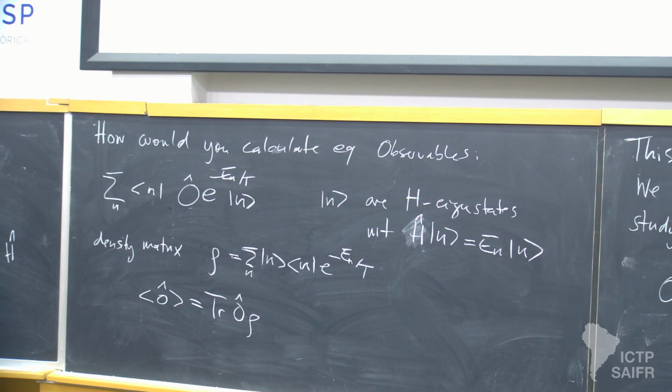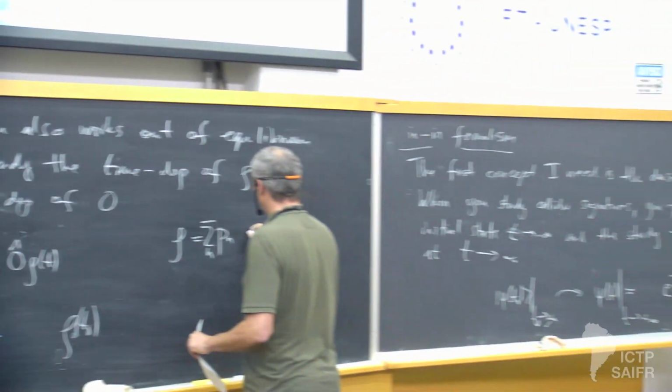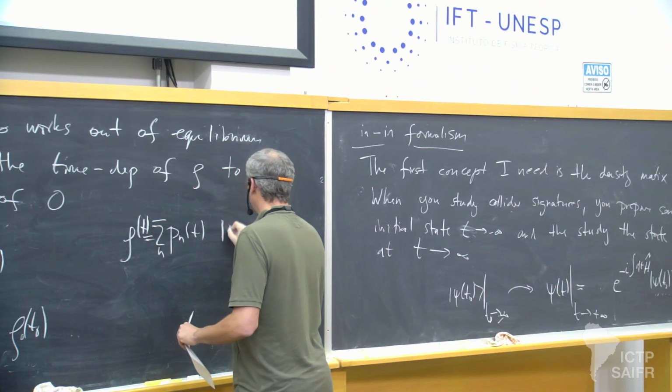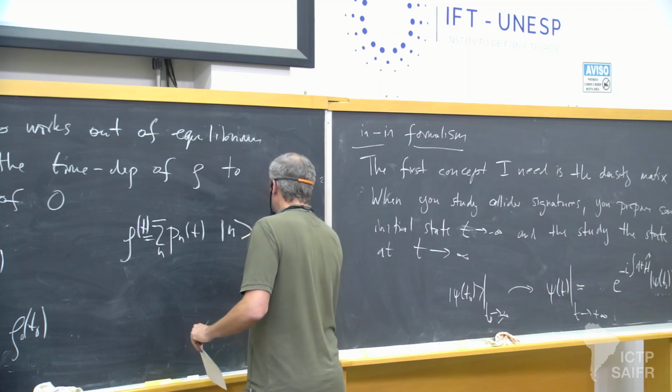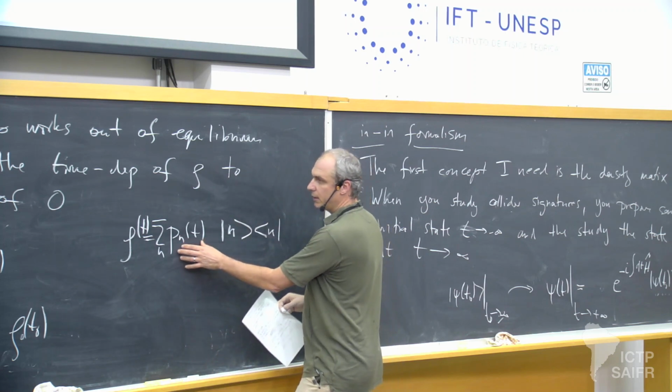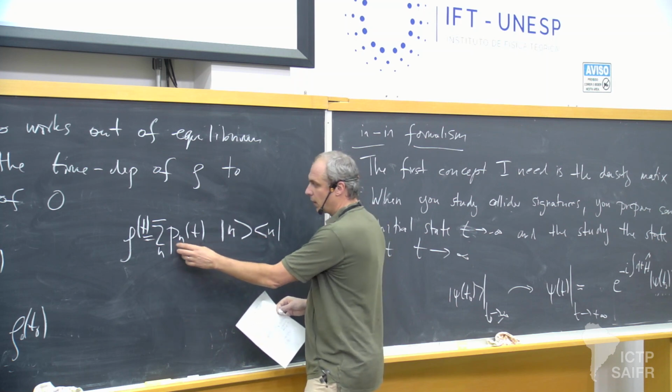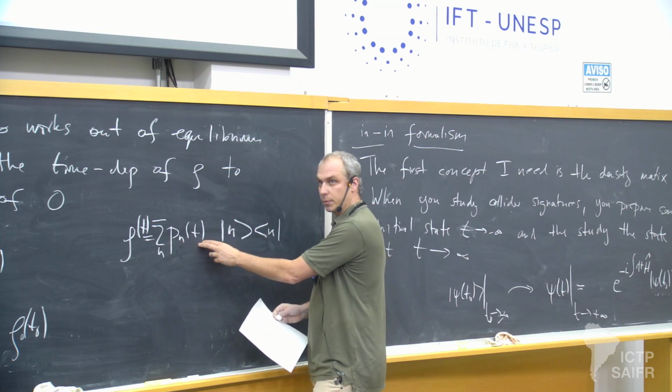No, so let's say now my rho is just some probabilities. Right? In general, it will look like this, right? I have some probabilities. These are not Boltzmann anymore. This is now generalized to out of equilibrium systems. But these probabilities will change with time, right?